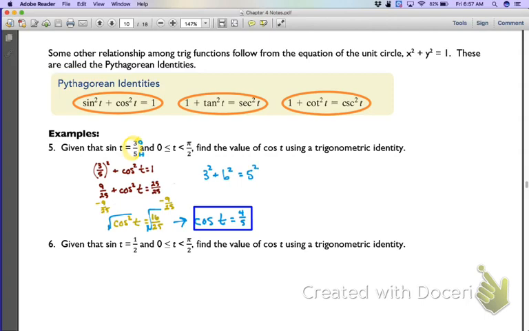It's still going to be the same thing. I'm still going to have 9 plus b squared equal to 25. I'm going to subtract 9. And then b squared equals 16, so b is equal to 4. Amazingly, that 4 is just right here. Okay? It all fits. It all goes together.